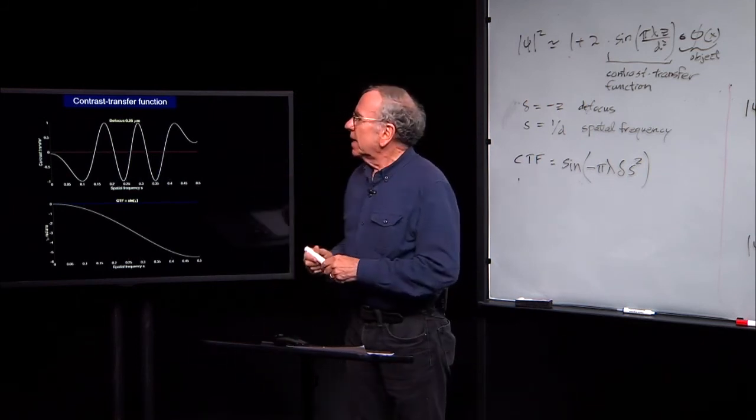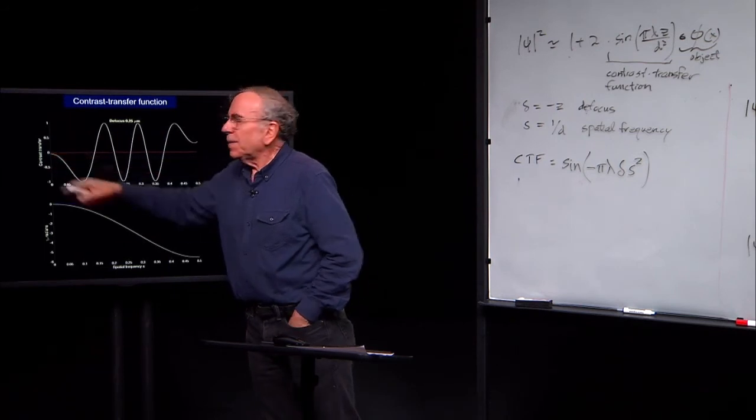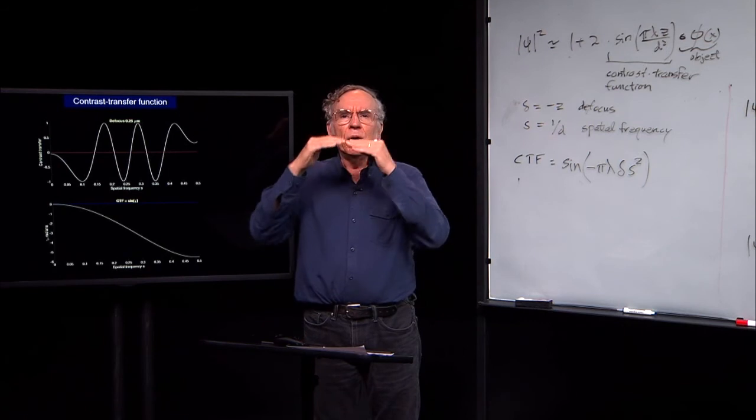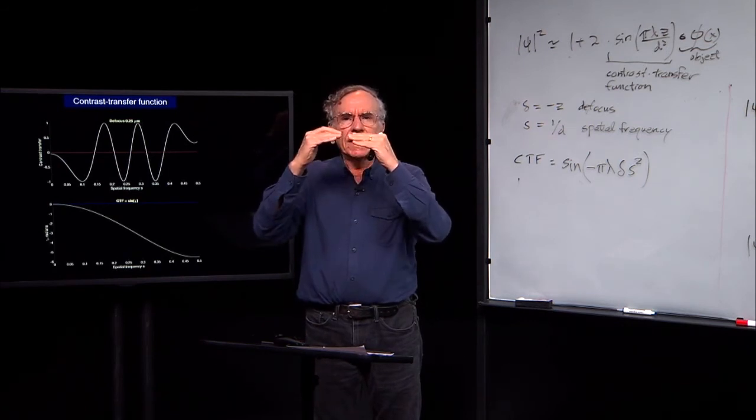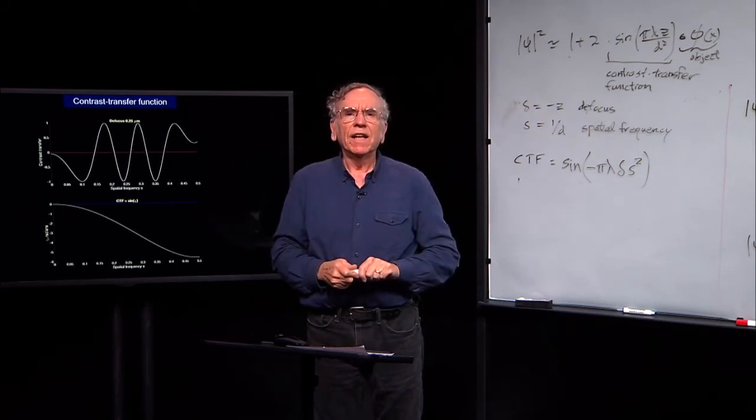One is the fact that there is a tiny bit of amplitude contrast in a cryo-EM specimen. That is, when we are in focus, we can actually see a little bit of something. It's a signal that's maybe 5% or 2% of the maximum contrast that we could get. But it's there.